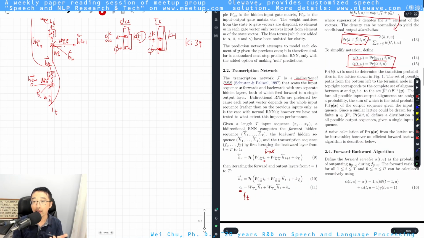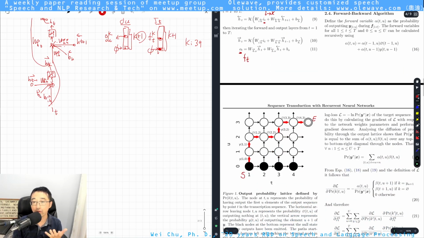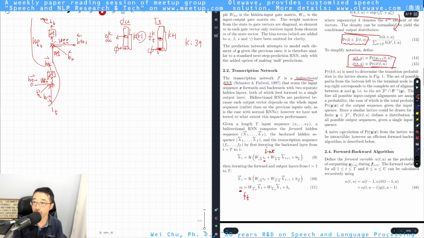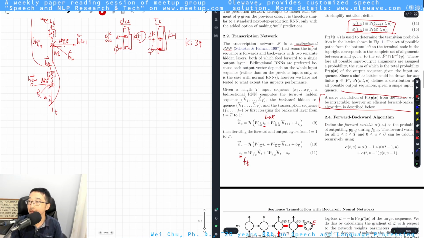This is why he's trying to use this Trellis to explain the situation and starts to talk about his forward and backward algorithm here. Okay. Yeah, that's what he's talking about. Yes, and I want to mention this again. I'll go back to here again.